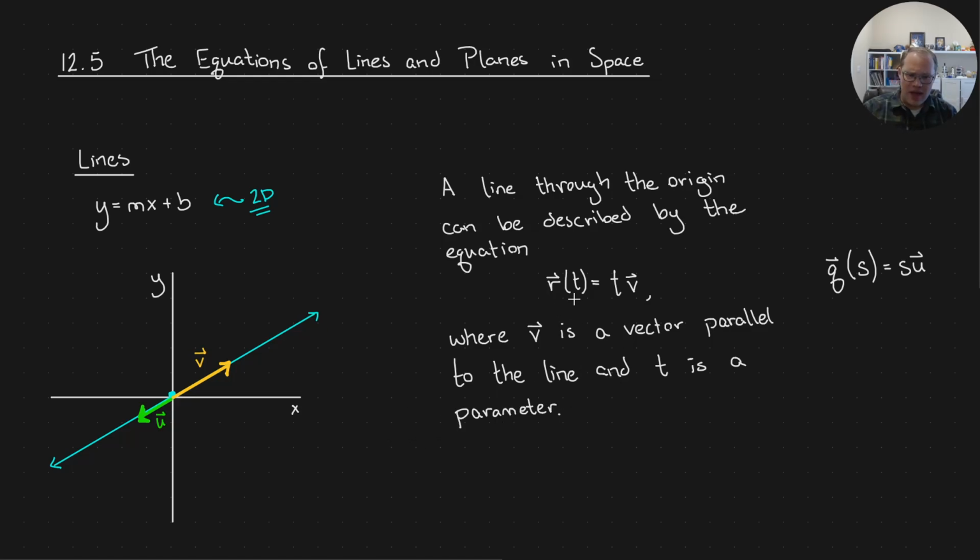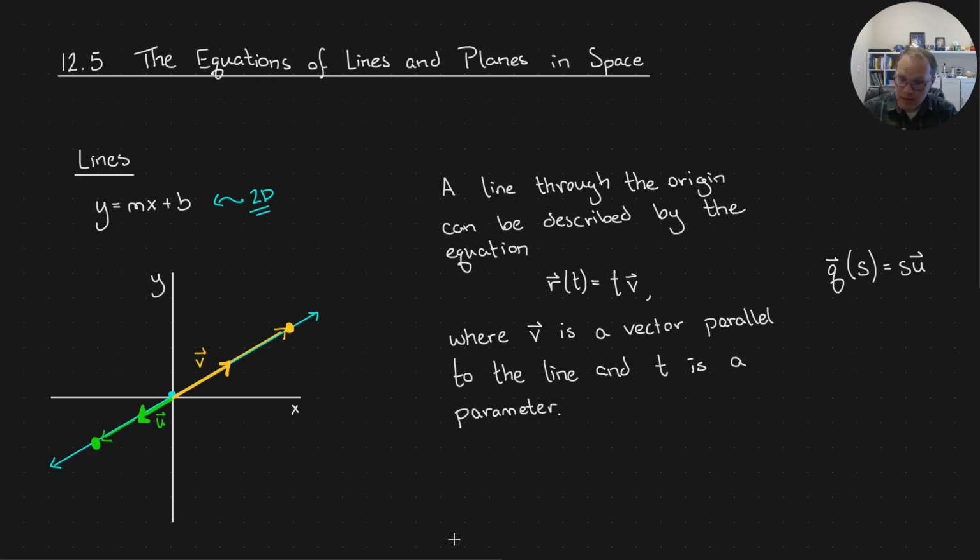Notice that if I plug in a value for t here and a value for s here, if it's the same value, say I plug in 2, I will get 2 different points on the line. So 2v, I end up getting that point, whereas 2u, I end up getting something like this point. Totally different point. So I could plug the same thing into both these functions, but get totally different points out.